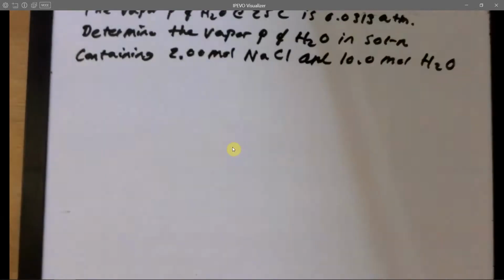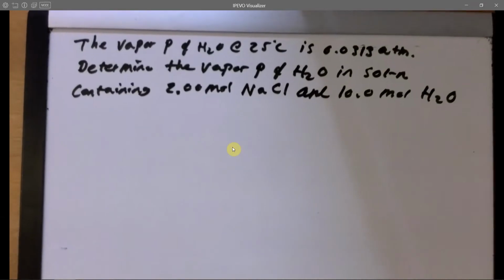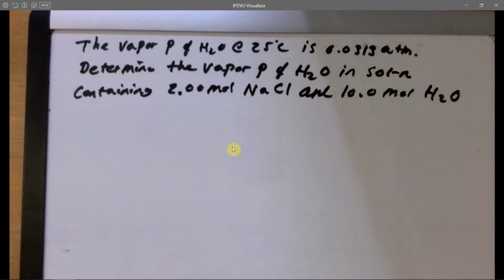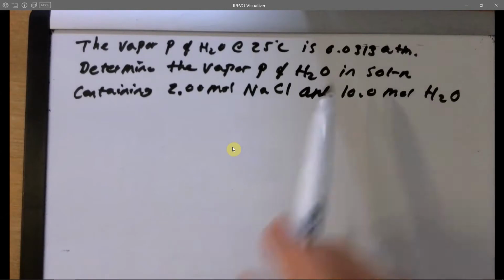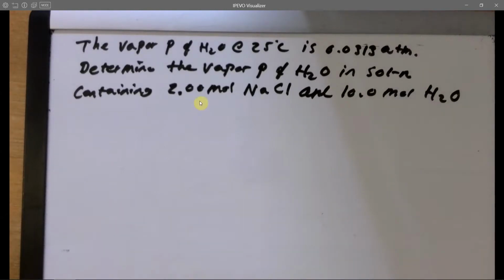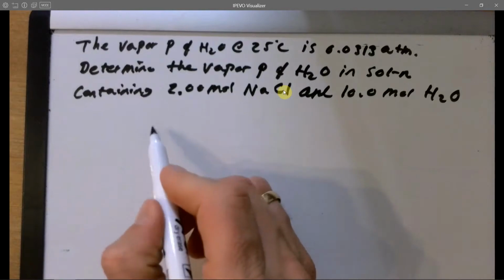So in our example here, we have the pure vapor pressure of water, which is 0.0313 atm. And I want to know, if I were to add salt to water in this proportion, 2 moles of salt and 10 moles of water, what's my new vapor pressure of water? And this is Raoult's Law.